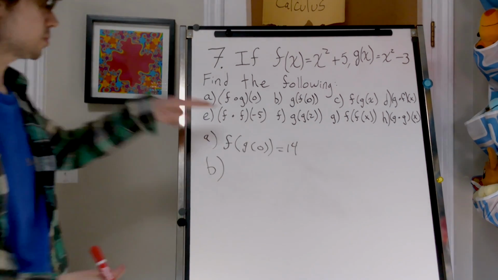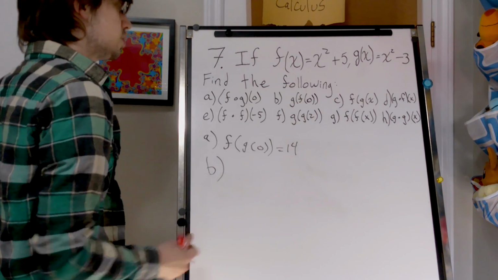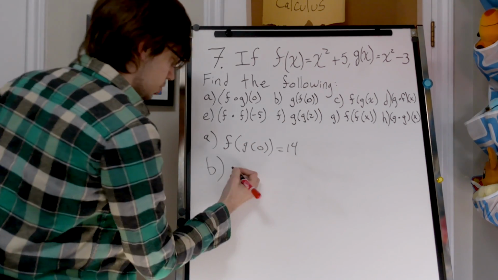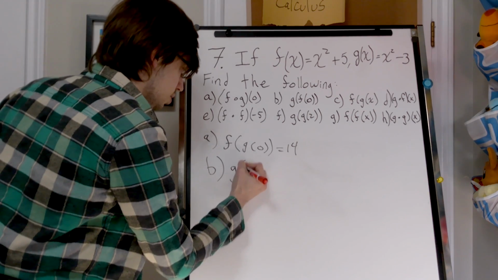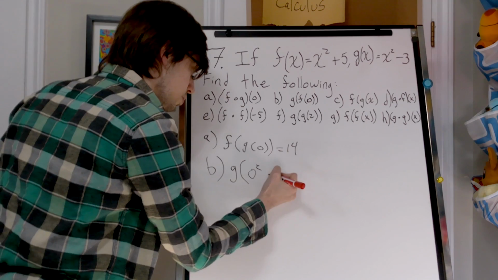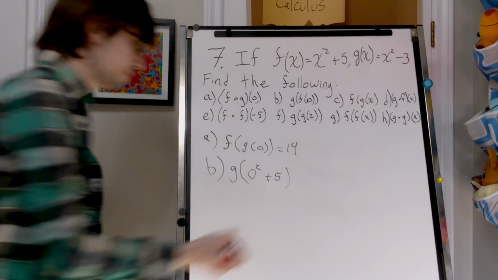B, g of f of 0. So we do the same thing, but we plug the 0 into this one first. So let's write g of 0 squared plus 5.